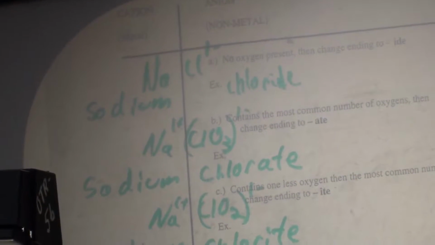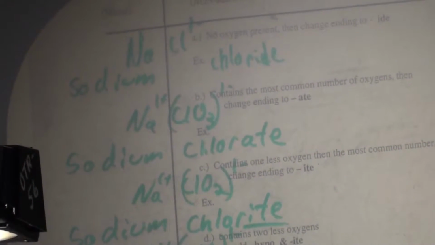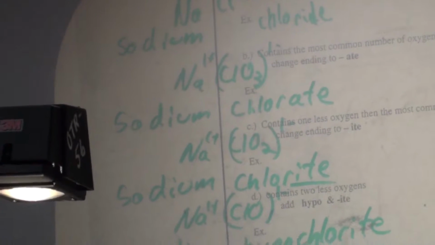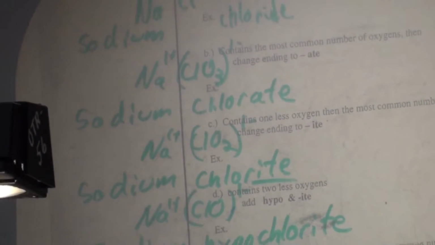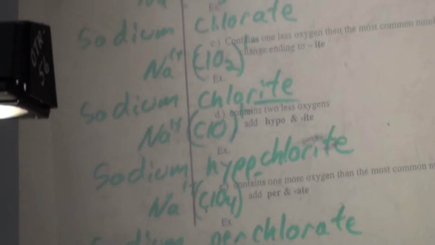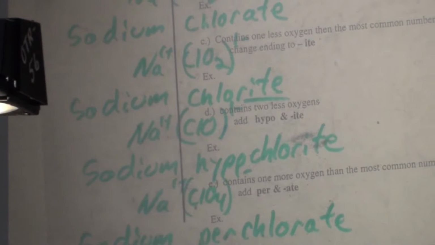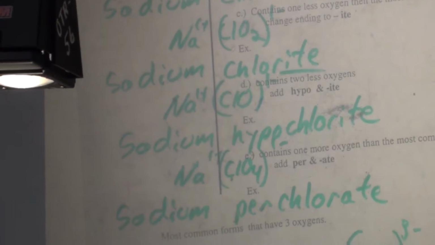So just to recap, if it has no oxygens, you change the ending to -ide. If it has the number of oxygens it wants, you change it to -ate. If it has one less oxygen than what it wants, you change it to -ite. Two less oxygens than what it wants, you change it to hypo-ite.